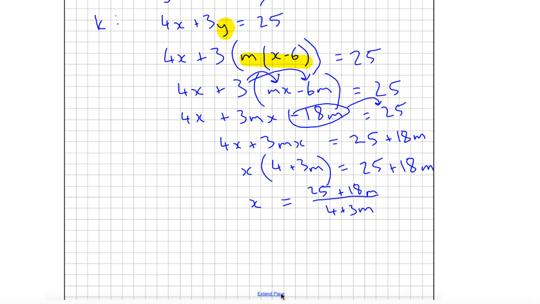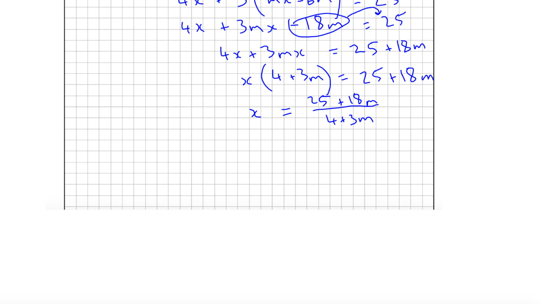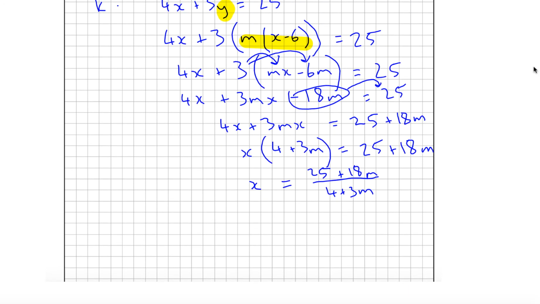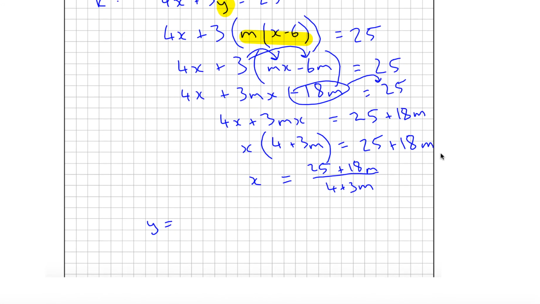So what have we got? So y is equal to m bracket x minus 6. So now I'm subbing this x value here. Now I'm going to sub it in here to get my y in terms of m.